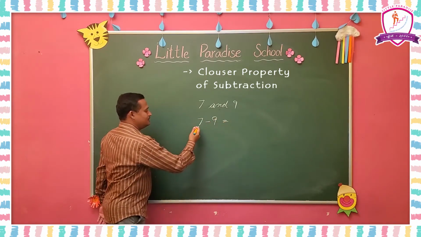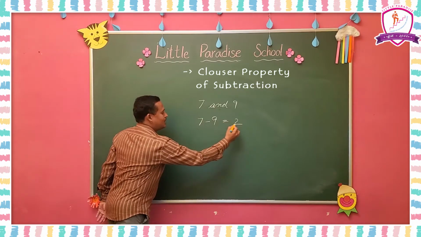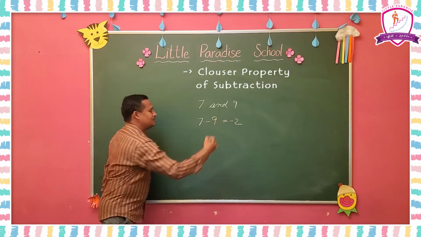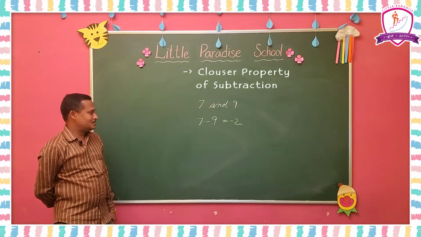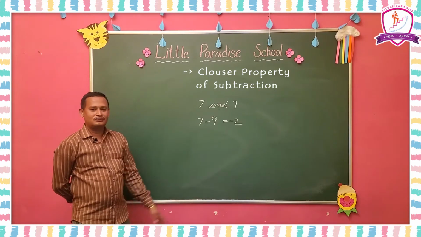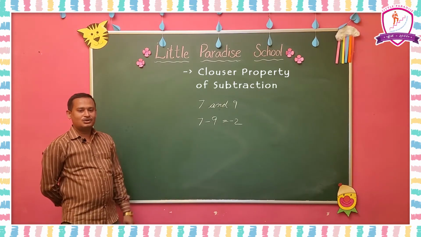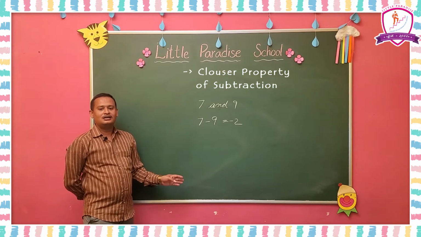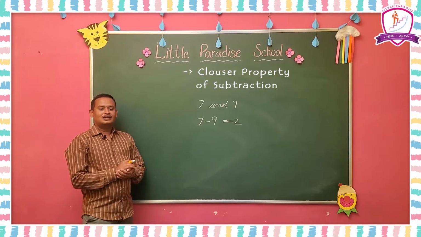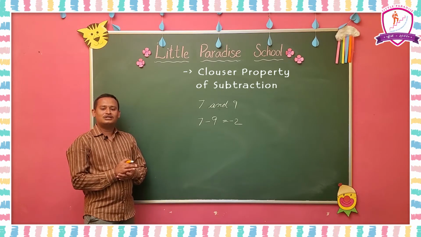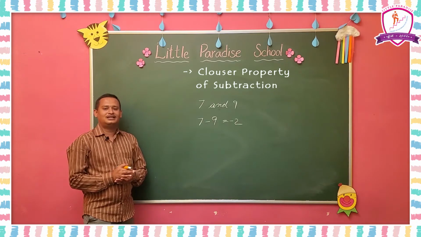The difference between 7 and 9 is 2, and the bigger number has a negative symbol, that is why we put minus for the answer. So, we got minus 2. Minus 2 is also an integer. So, we can say integers are closed under subtraction. This property is called the closure property of subtraction of integers.